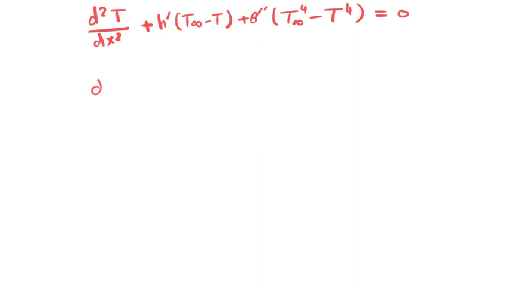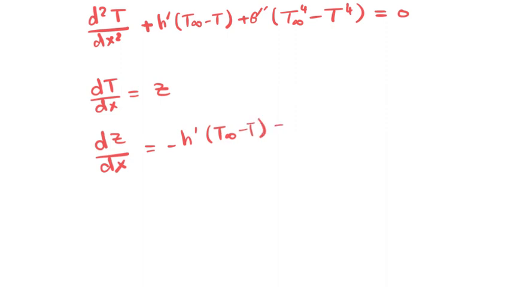So it becomes dt by dx is called z, and then the second one is going to be dz by dx is equal to minus h dash multiplied by t infinity minus t, minus sigma dash multiplied by t infinity to the power 4 minus t to the power 4, right? These are your simultaneous differential equations that you have to solve. Now you need to solve.